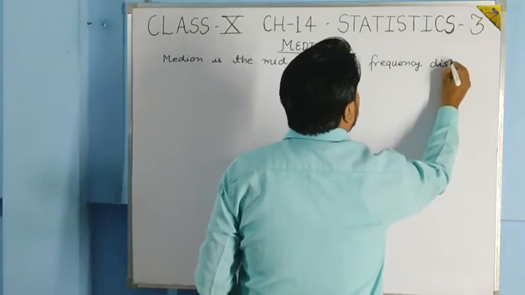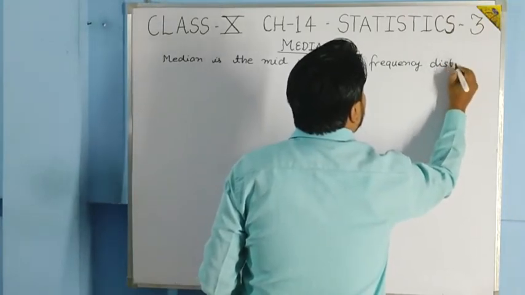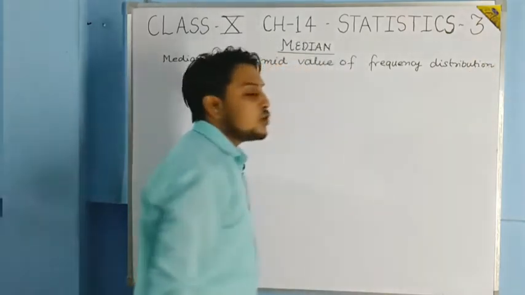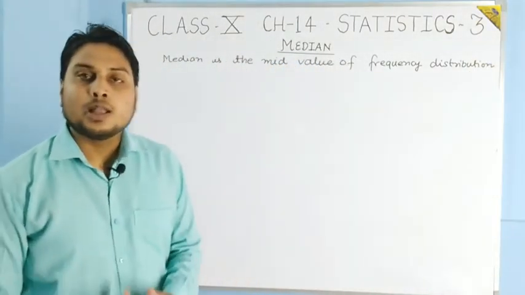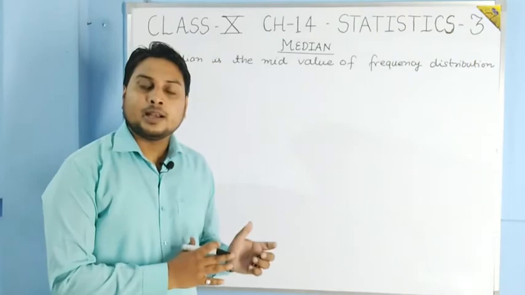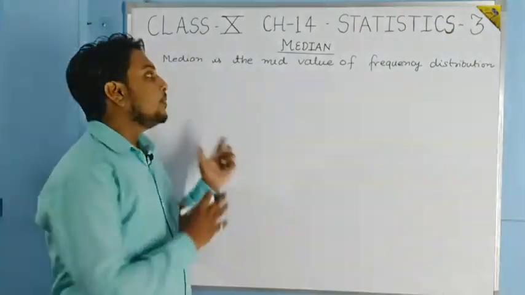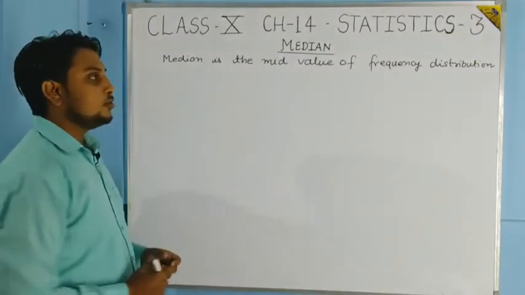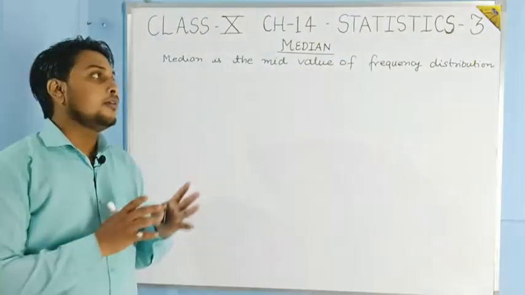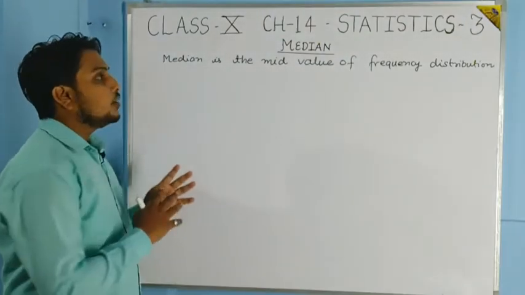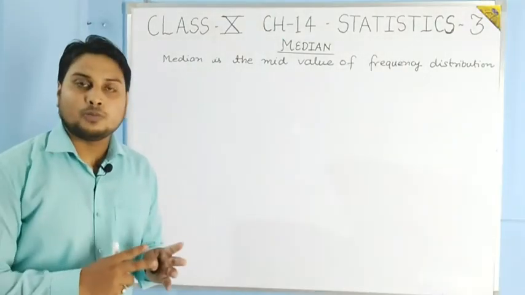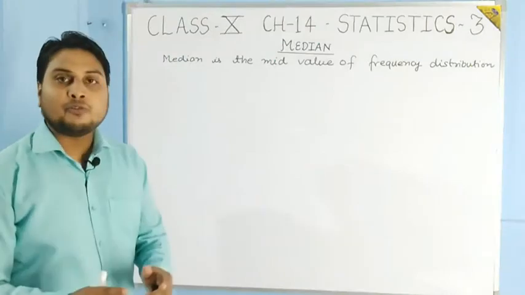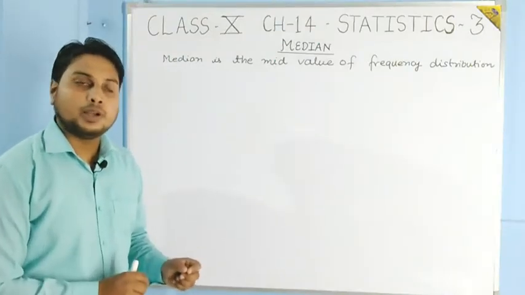Median is just the mid value of frequency distribution, we can say. Okay, so I am going to remind you how we were finding median in class 9th. Okay, in class 9th students, we have studied two formulae related to the even number of data and odd number of data.